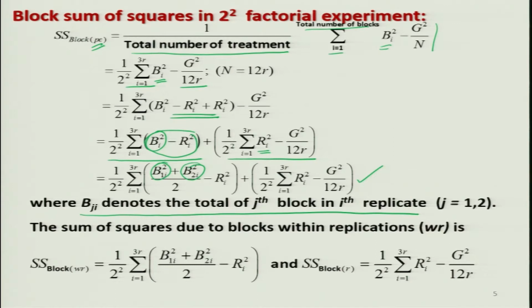So, now you can see the sum of squares due to blocks within replicates, which is indicated here by SS blocks within replicates, is the first term, and the second term is the sum of squares due to blocks in replicates, like this.